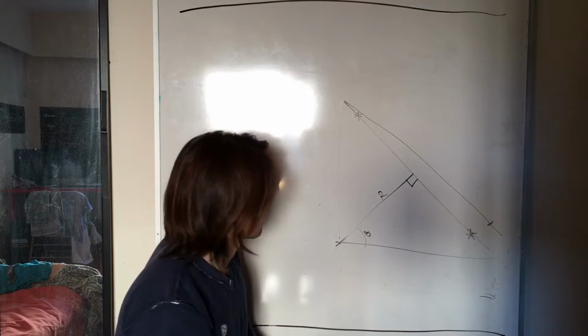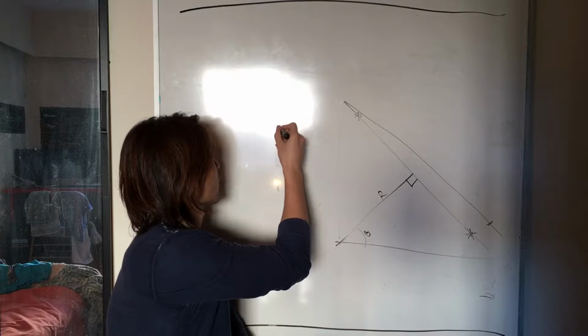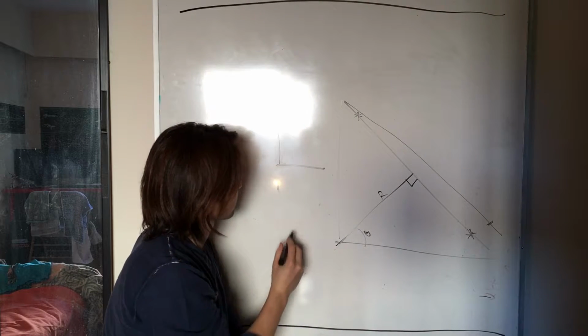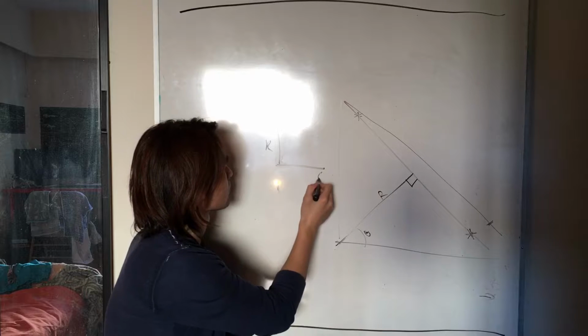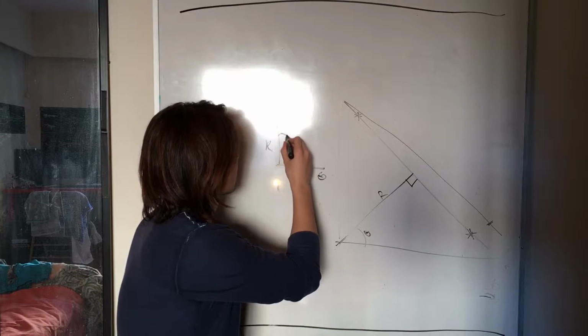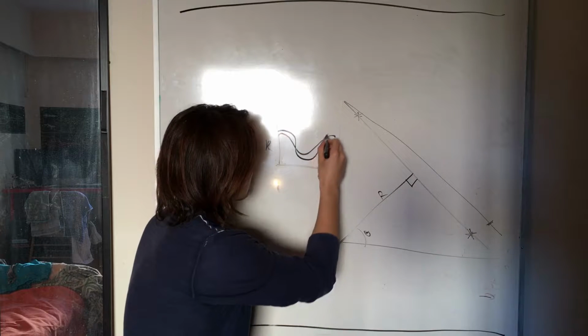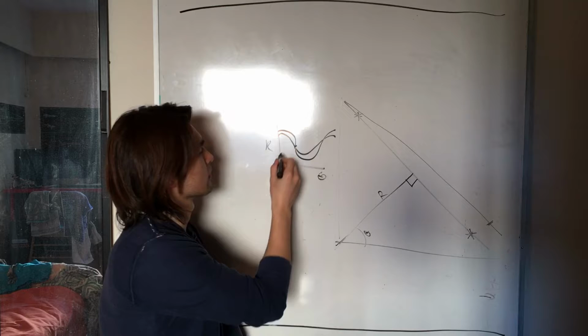If you were to draw this in a rho theta graph, the curve may be off.